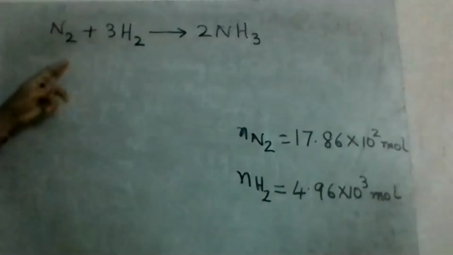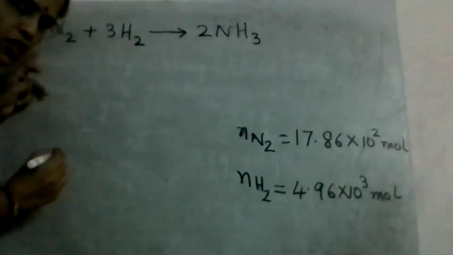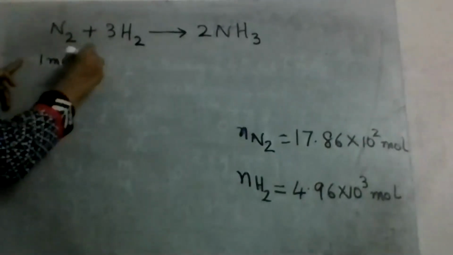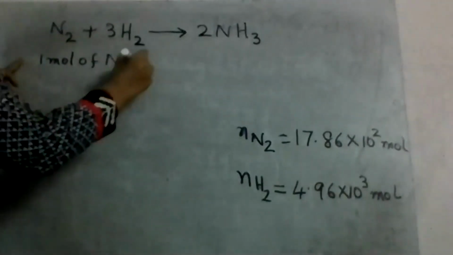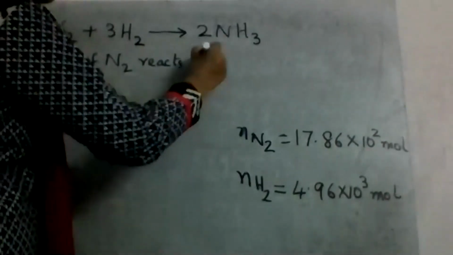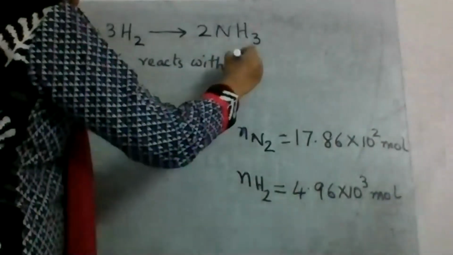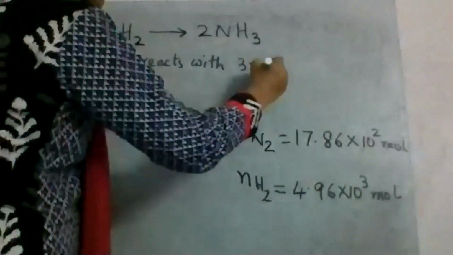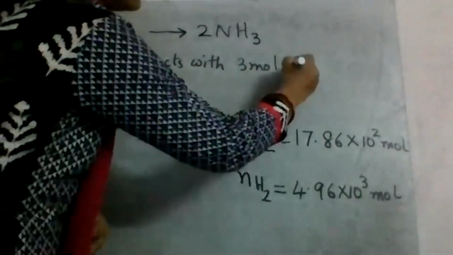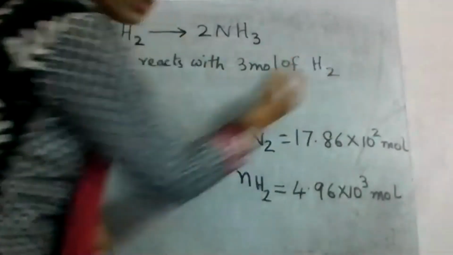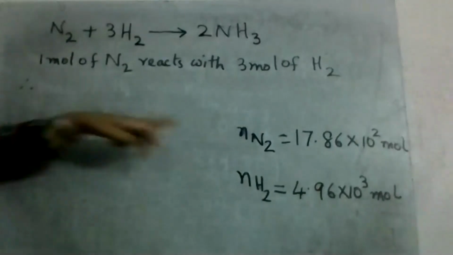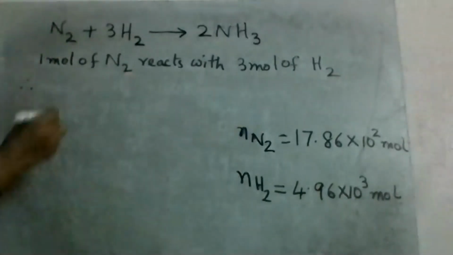Now see how we proceed from the equation. Here you see 1 mole of nitrogen reacts with 3 moles of hydrogen.